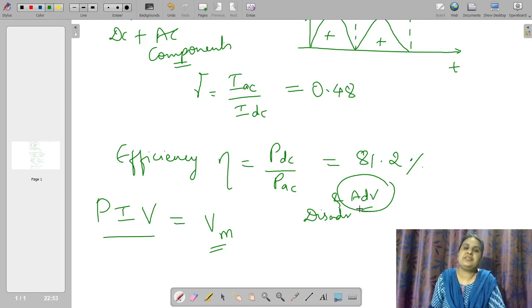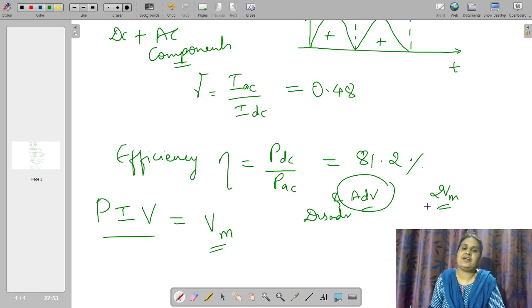Also, the peak inverse voltage in case of a center tap transformer was 2 times the maximum voltage of the input supply. Hence, we have to use higher rating diodes, which may not be economical for us. And even the design of the center tap transformer is not economical for us.